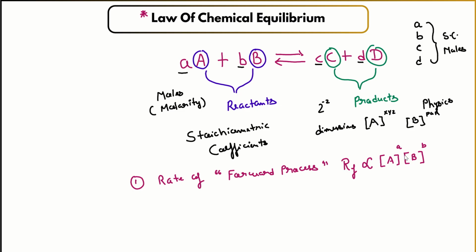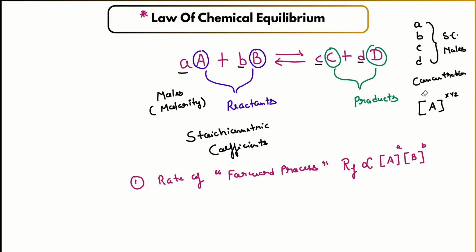But in chemistry, when there is a bracket raised to a power with a number, that is not considered a dimension, that is considered concentration. Don't forget this: in chemistry, if something is written raised to a power like x, y, z, then this is not dimension. In chemistry this is known as concentration. So you should remember this. This was one of the basic things I needed to tell you so that you do not commit any blunder in the examination hall.